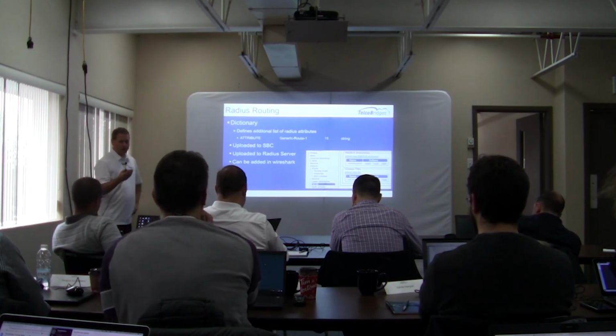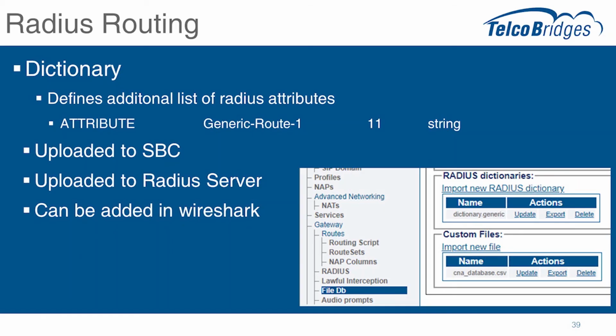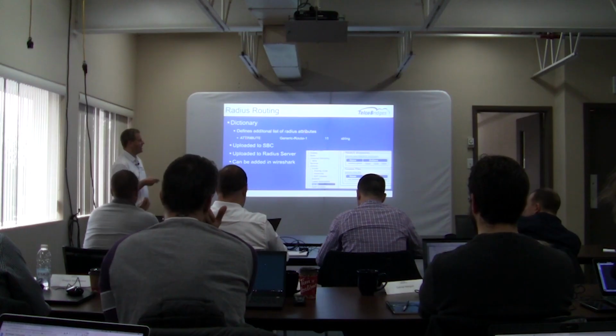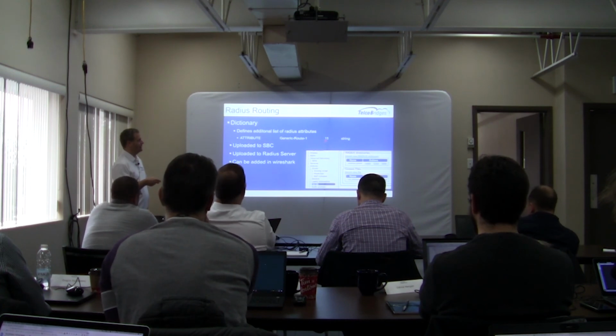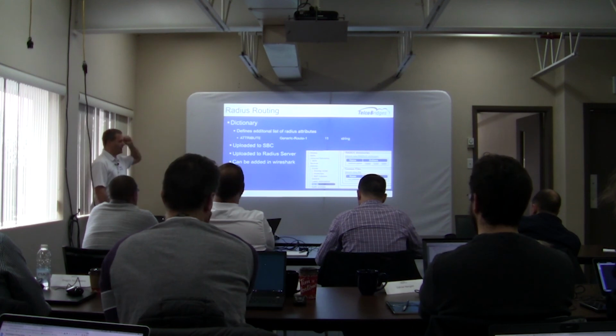When we exchange information between the SBC and the radius server, we need to use dictionaries. These dictionaries have specific information and a value, and that's the type of the attribute.